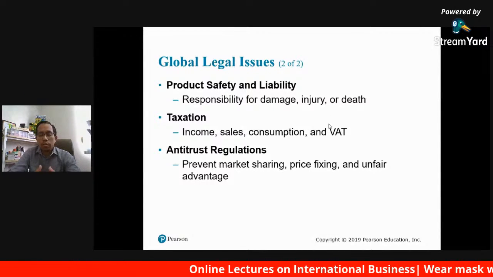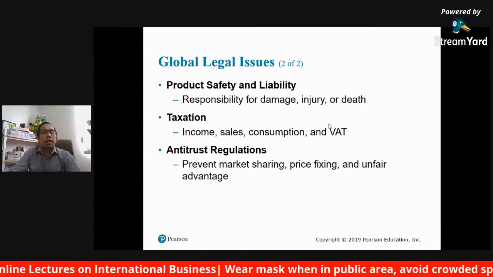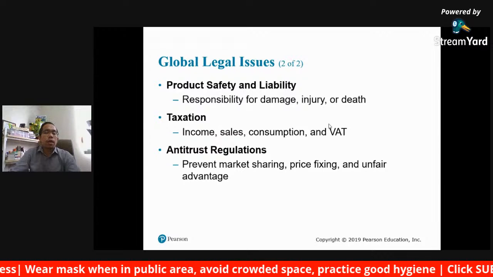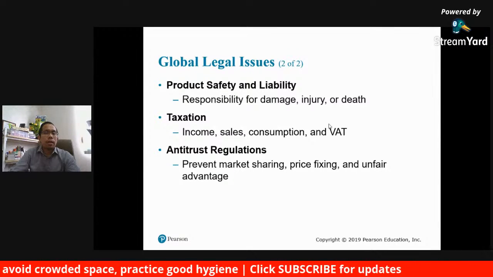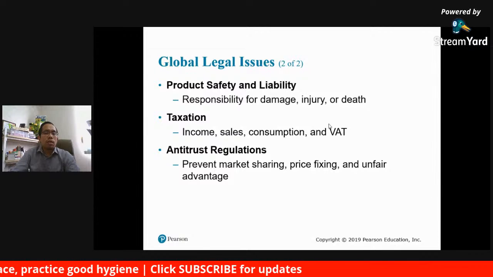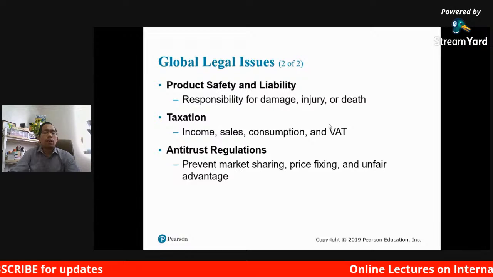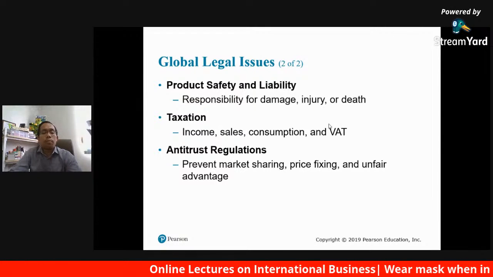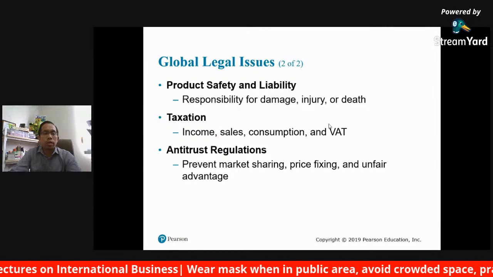You can safely use the product, and the company is liable for any injury caused from using the product. If any product is certified safe to use and anything happens, you can claim for the damage.